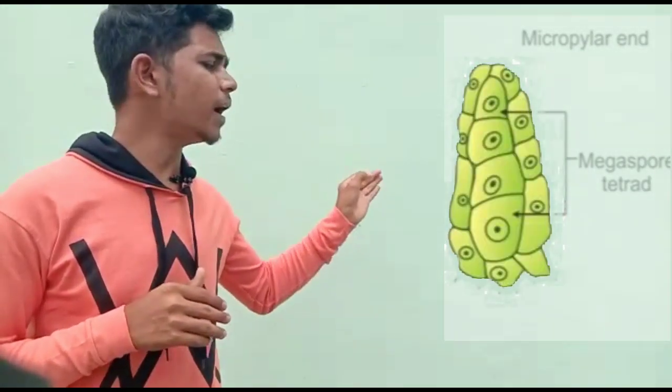In the majority of flowering plants like sunflowers, one of the 4 haploid daughter cells is functional, and the other 3 degenerate. That functional megaspore becomes the embryo sac. This direct development of the embryo sac is called monosporic development.